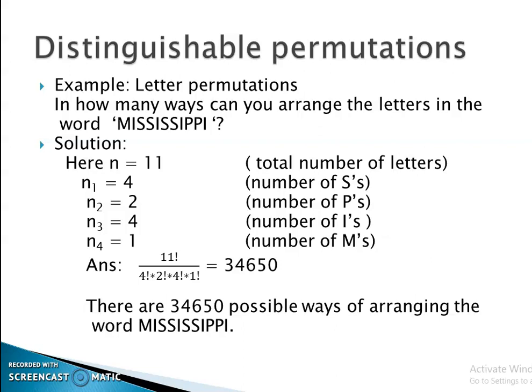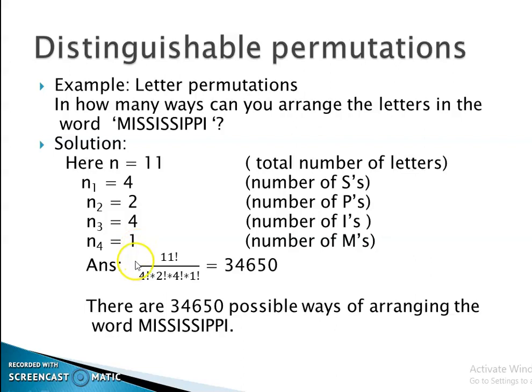Distinguishable permutations. Example: letter permutations. In how many ways can you arrange the letters in the word Mississippi? In the word Mississippi, there are 11 letters, and n1 is 4, the number of times the letter S is repeated, n2 is 2, the number of P's, n3 is 4, the number of I's, and n4 is equal to 1, the number of M's.